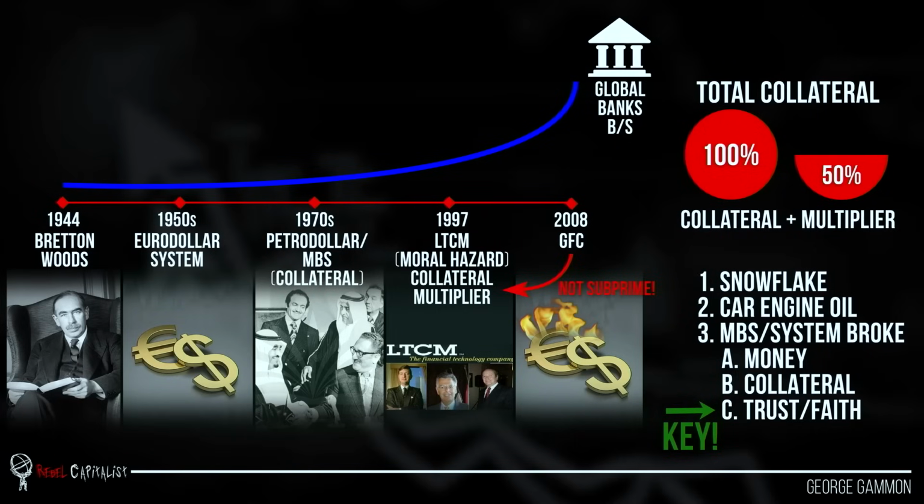And they can create as much money, as many dollars, as much collateral as they want. So when the trust was gone, the entire system collapsed. And if you want proof of that, let's go to this next chart, which is the one chart that, in my opinion, proves that economic collapse is inevitable.